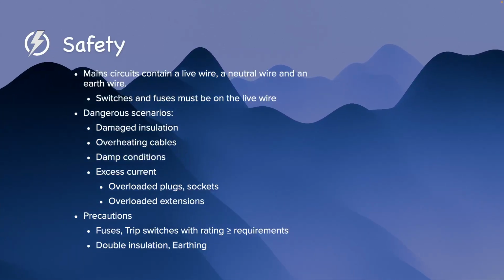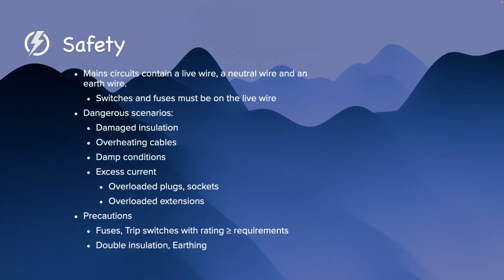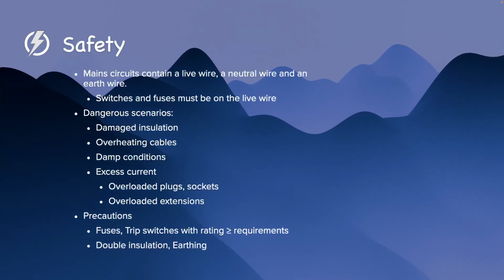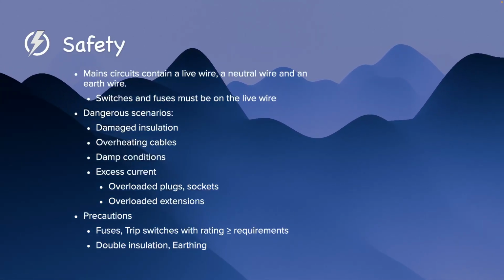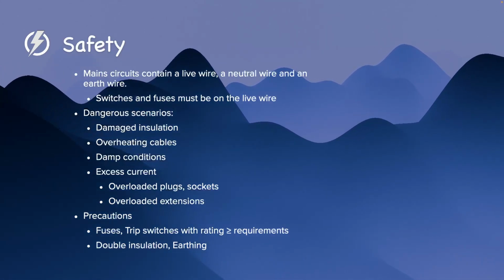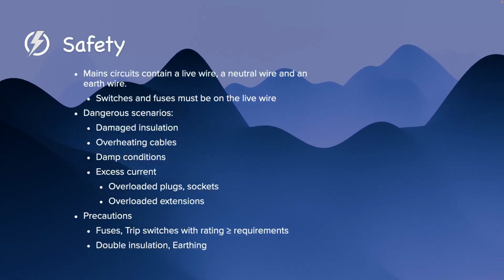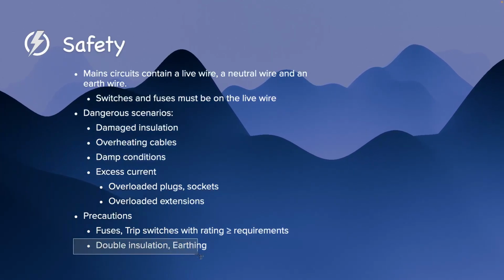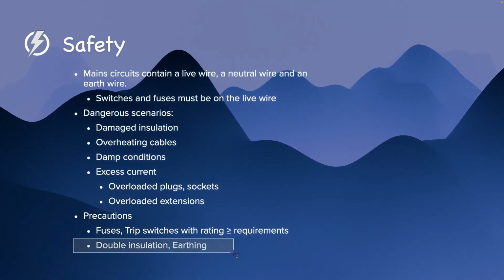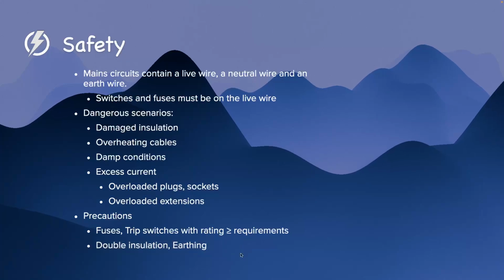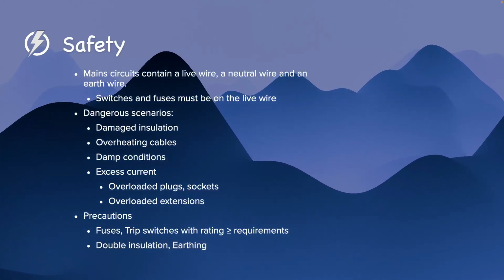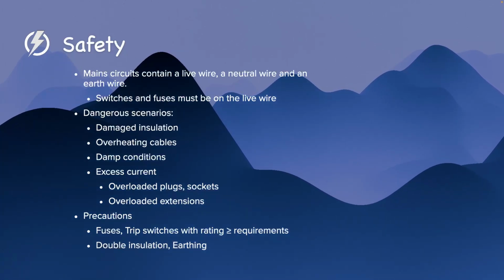Trip switches do the same thing, but they can be turned back on. The rating of the fuse or trip switch that you use should always be greater than the ideal amount of current passing through your live wire. Another precaution that you could use is double insulating your electrical circuit and earthing the outside part of the circuit which a user is likely to touch.